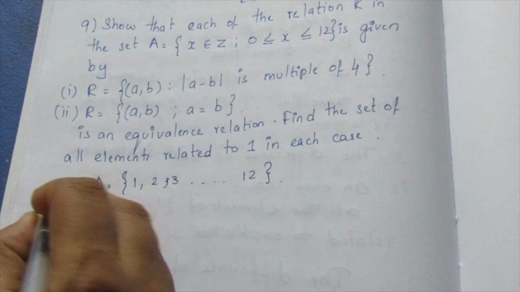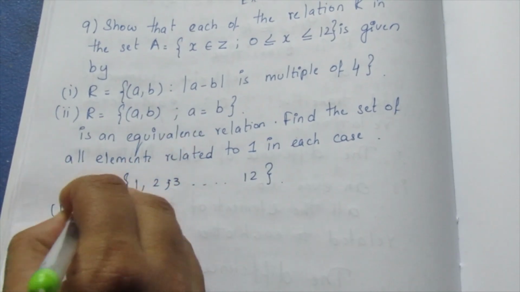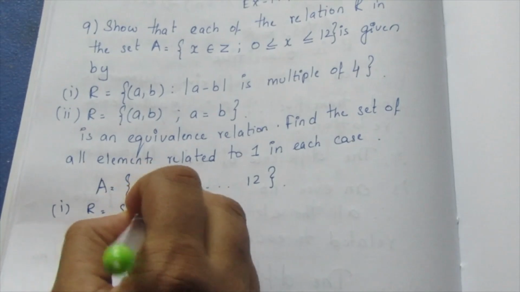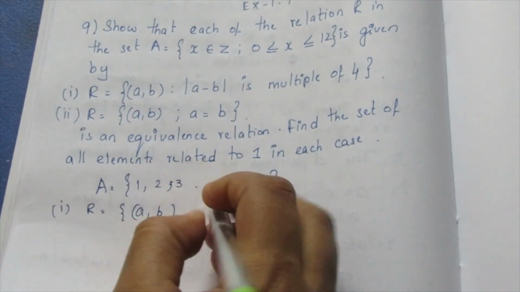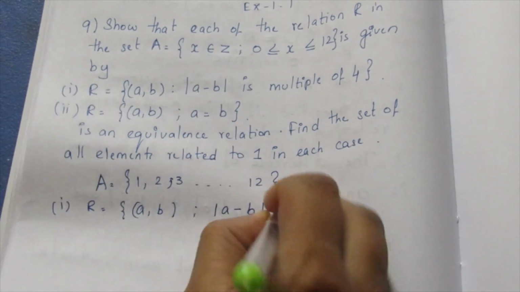Now according to the first question, it is given that R is the relation equal to {(a, b)} where modulus a minus b is a multiple of 4.